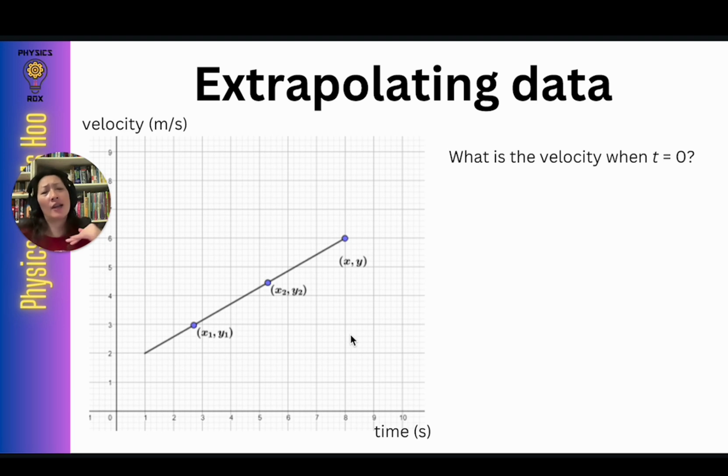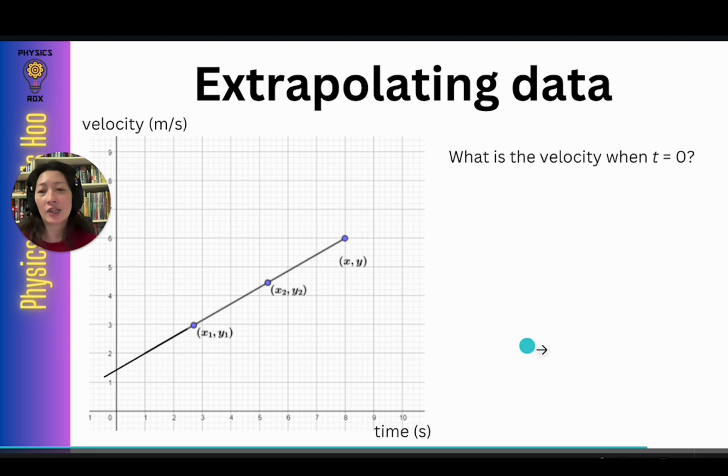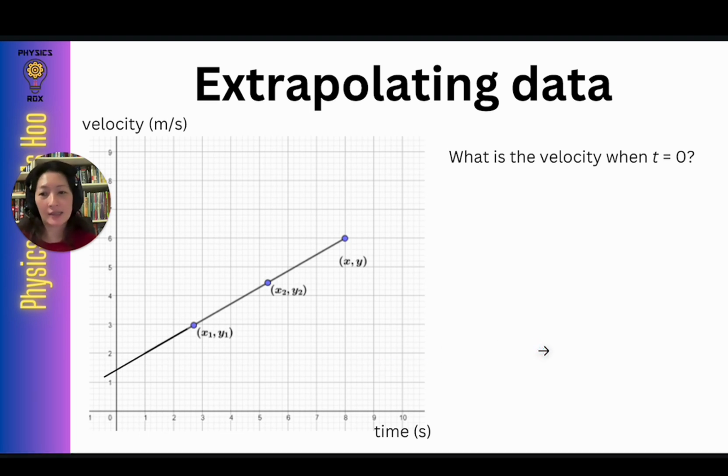For example, you could get a question like this. What is the velocity when t is 0? Now, obviously, we can't get the value directly because the graph does not start from 0. So how do we get it? You need to extrapolate the data. The extrapolation here just means that we need to complete the line. That means using your ruler, continue the line until it touches the velocity axis, or the y-axis in this case.